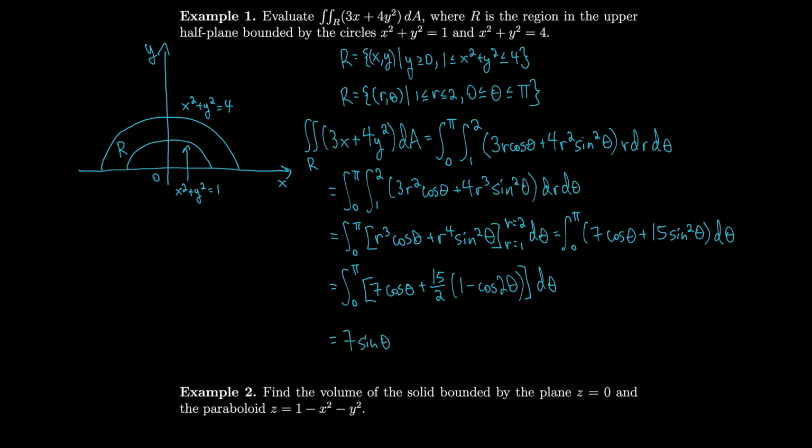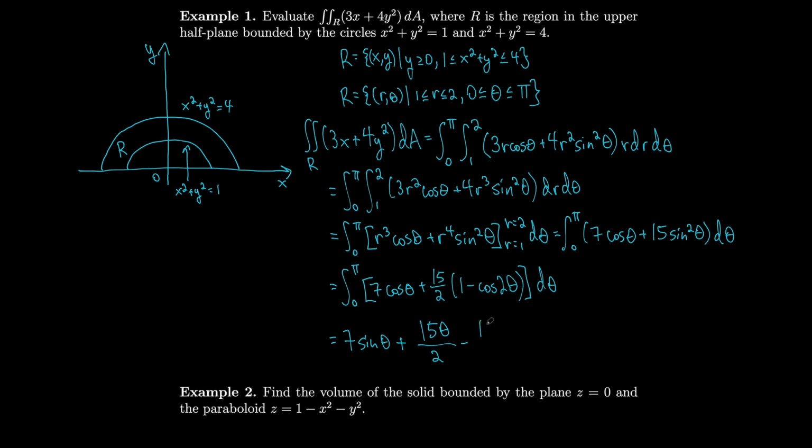So first we get 7 sine theta for the 7 cosine. Remember taking the derivative, that's easy. And then we get 15 theta over 2, because this distributes to the 1 and distributes over there, and the constant just gets a theta thrown in.